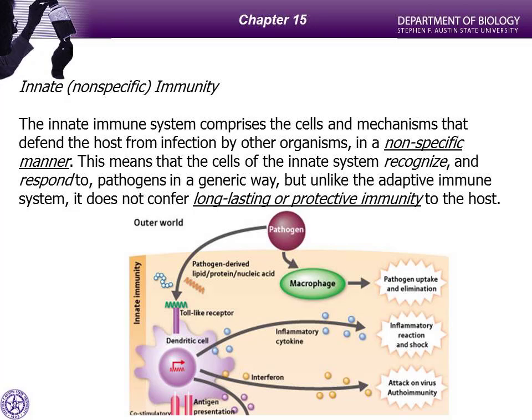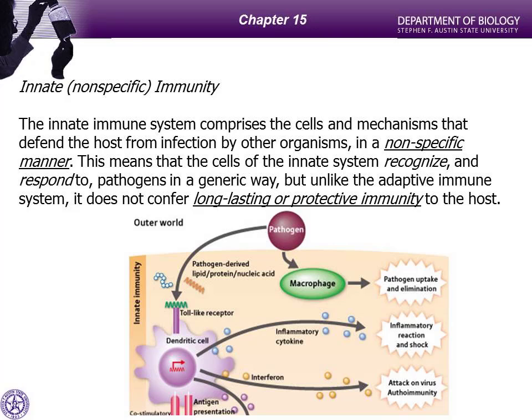It's non-specific and fairly robust, but there's really no memory, no long-lasting effect like we see with our antibodies and our specific immune system. But this takes care of most of what we need to prevent you from getting an infection.